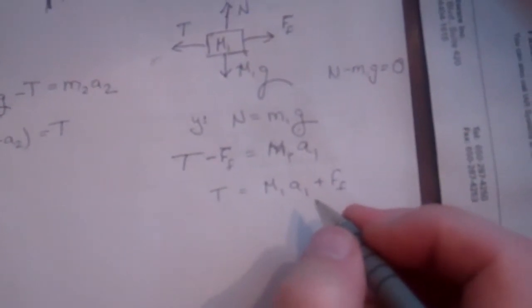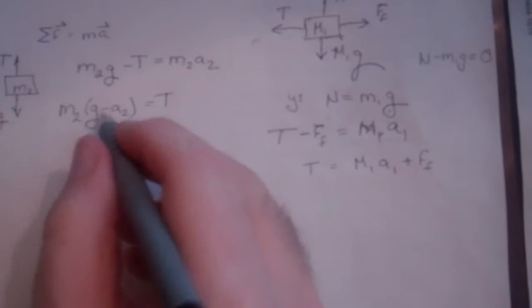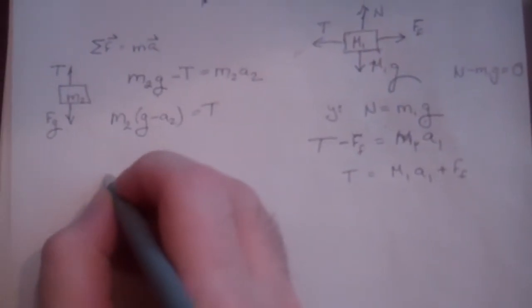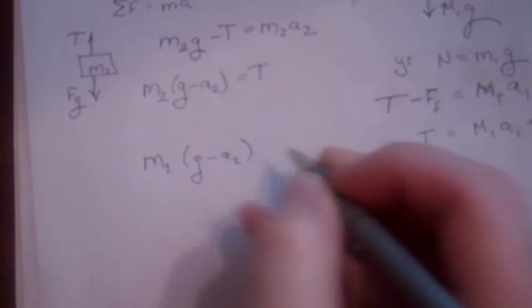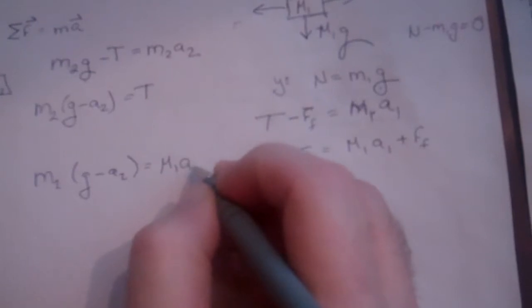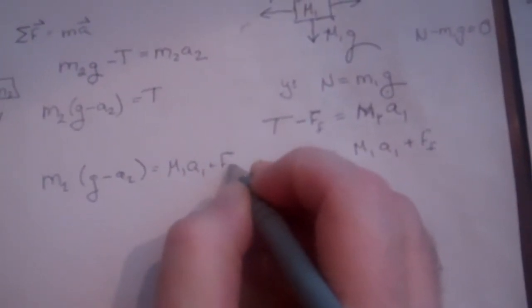That's easy enough too. We can set these two equal, and we end up with M2 G minus A2 is equal to M1 A1 plus the frictional force. Okay, now we've eliminated the tension, but we still have all these terms we can't get rid of. We've got to figure out some way to get rid of some more terms.